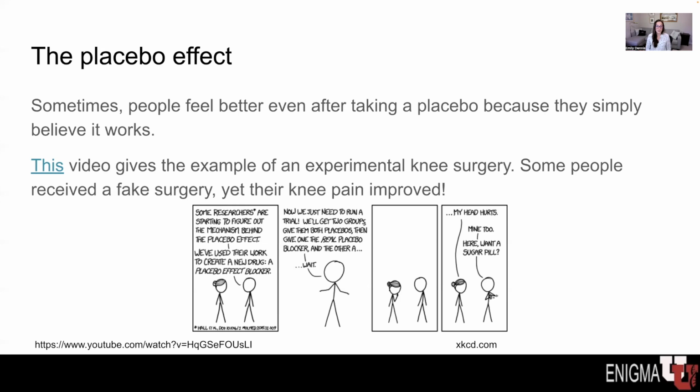And one very interesting example is the video that is linked here, which is a 5-6 minute video on YouTube that you should watch, and it gives the example of an experimental knee surgery. Some people received a fake surgery and yet their knee pain improved. This is a good example of a placebo control where the real condition would have been real knee surgery.